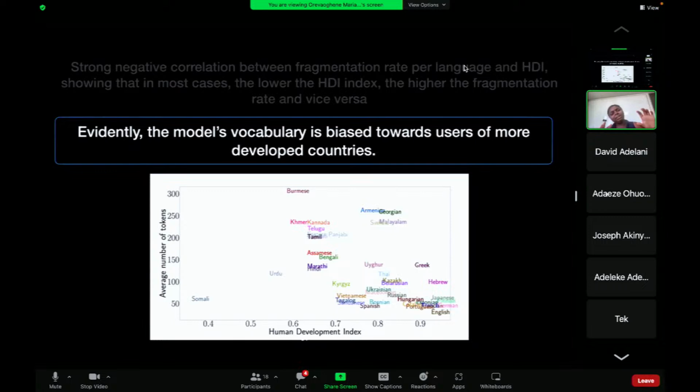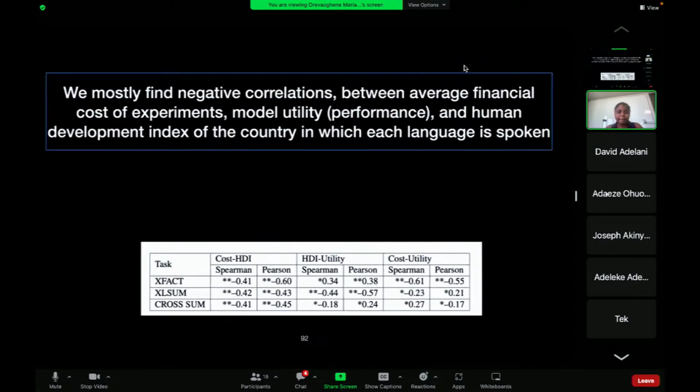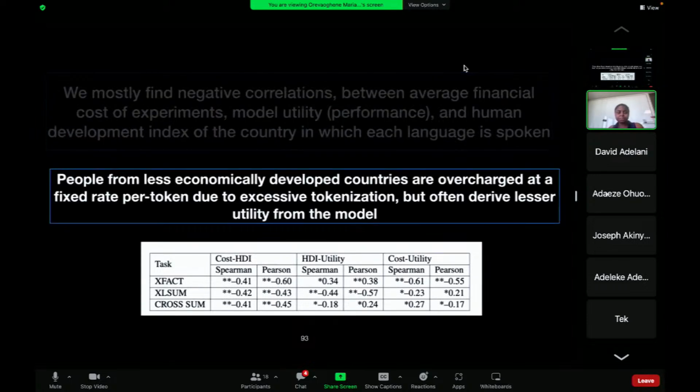And then we see that the model's vocabulary is biased towards users of more developed countries, like the countries that are on the right side and just below. We also still find these negative correlations between financial cost of running experiments, model utility, and HDI of the country in which a language is spoken.